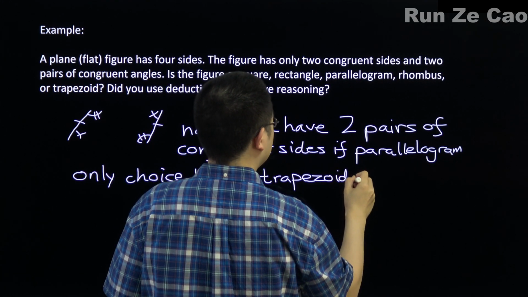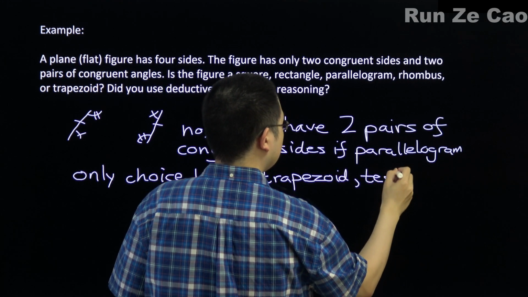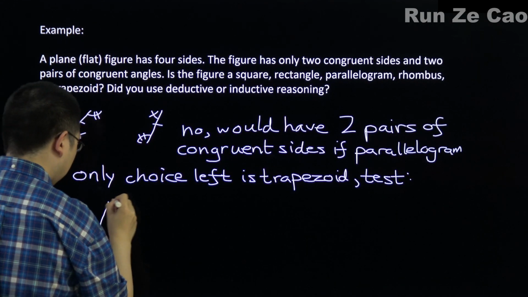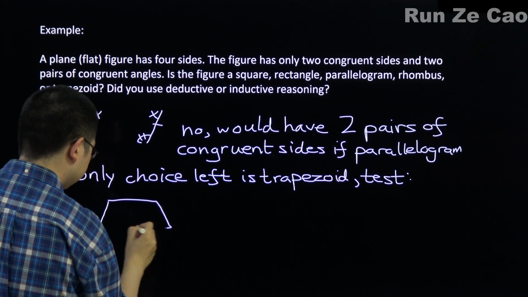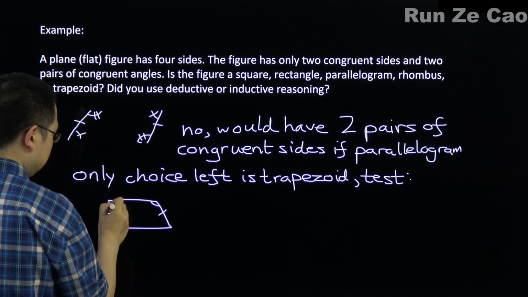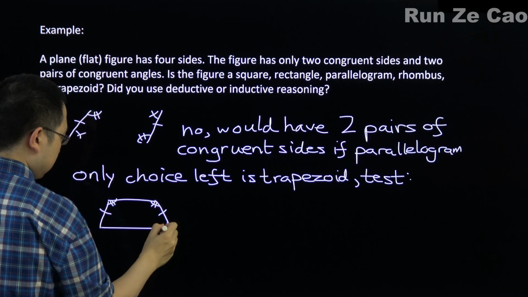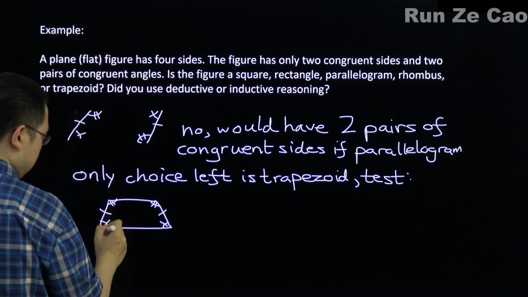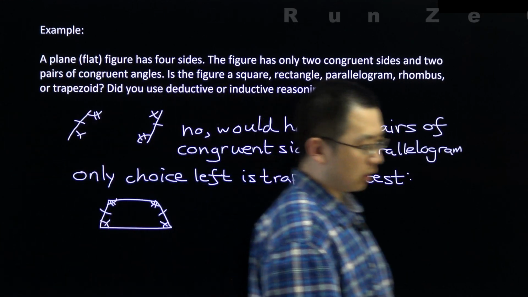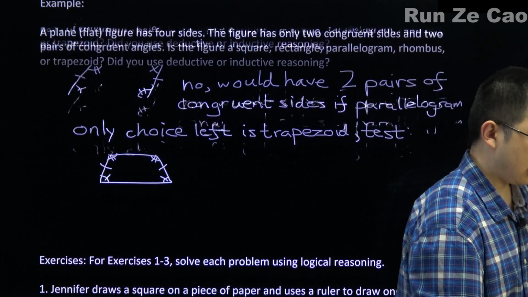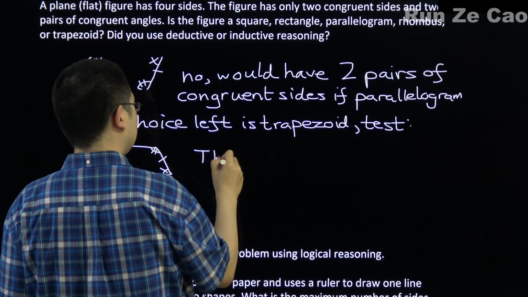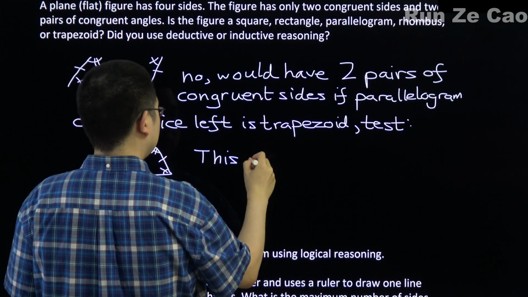Well, we have to test. Can this work? The conclusion is, yeah, it certainly can. So, this will work. It has 2 congruent sides and it has 2 pairs of congruent angles. This works.